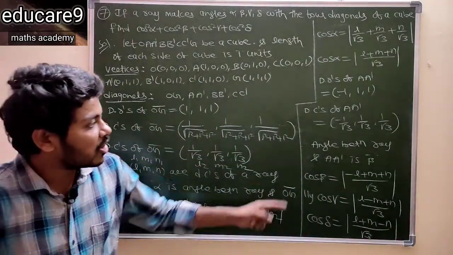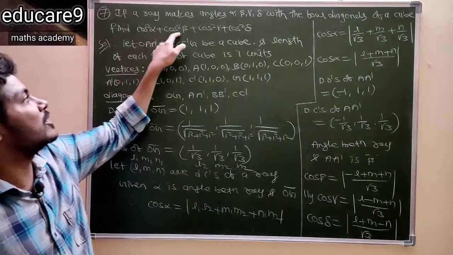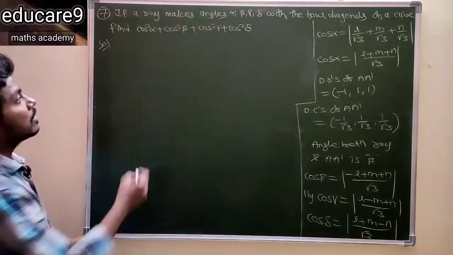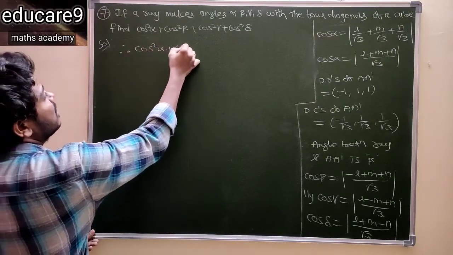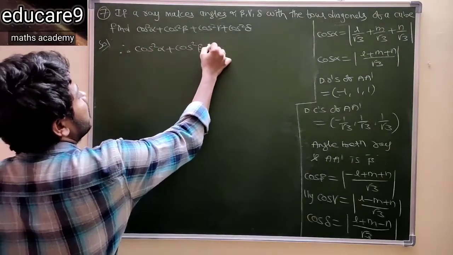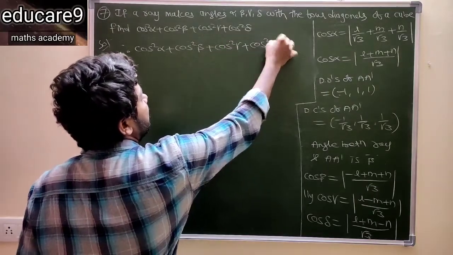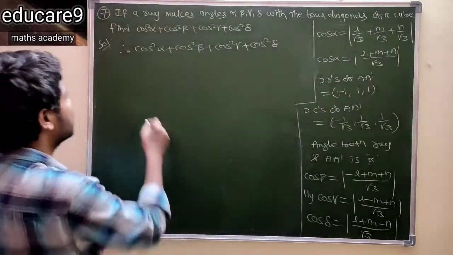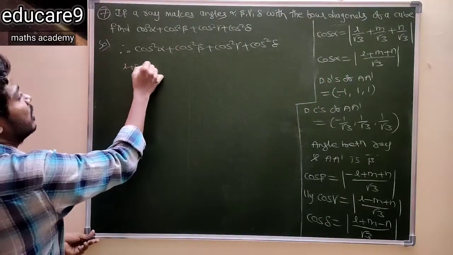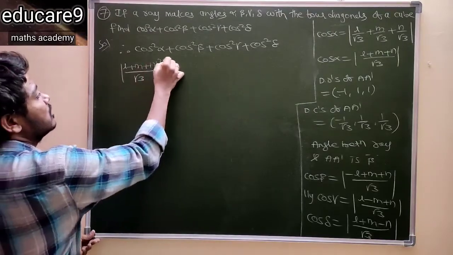So clearly we have cos alpha, cos beta, cos gamma, cos delta. Then find the sum of the squares of the cosines: cos square alpha plus cos square beta plus cos square gamma plus cos square delta. First, cos alpha is l plus m plus n by root 3 whole square.